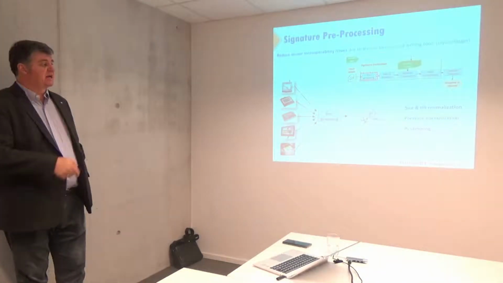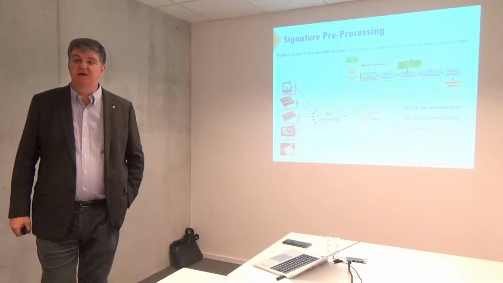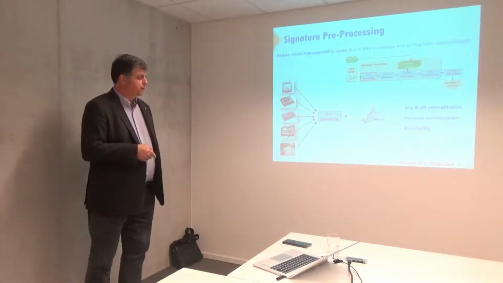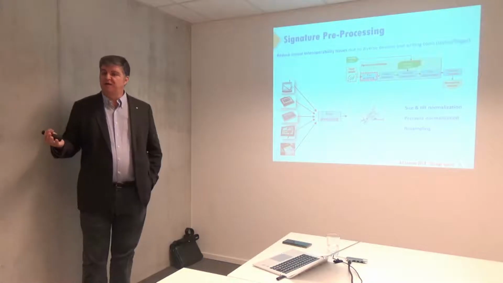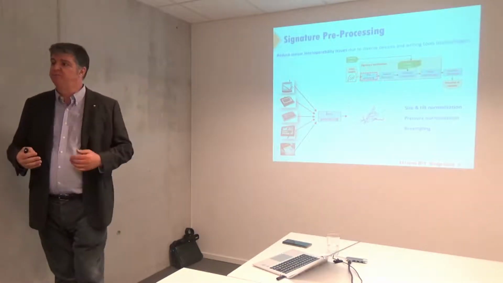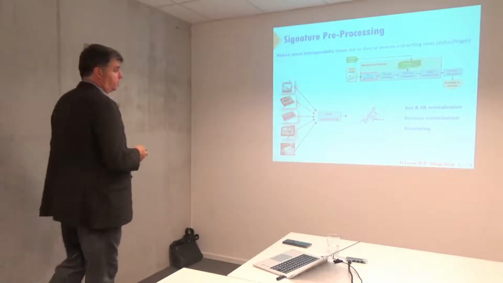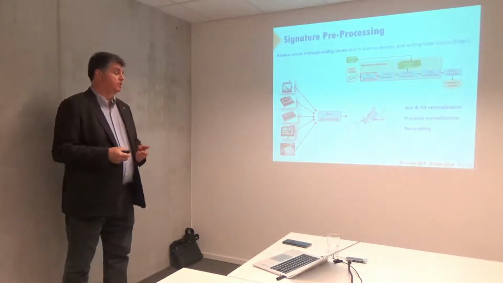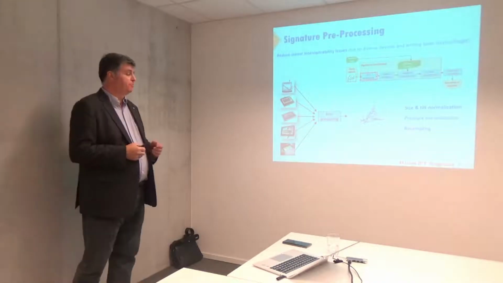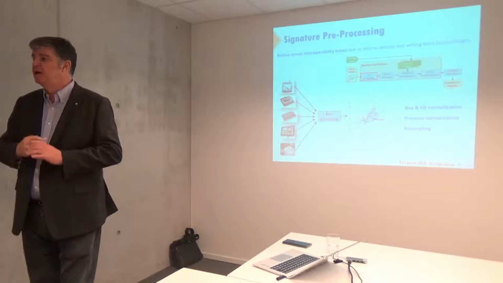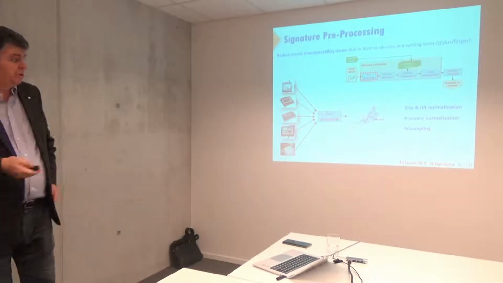There must be a size and tilt normalization. You can, for instance, compute the center of mass and just normalize by using that, okay? Scaling and normalizing that. There must be a pressure normalization, and you could resample if these devices sample at different rates. Okay, so we do that.